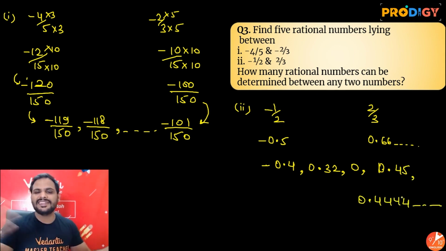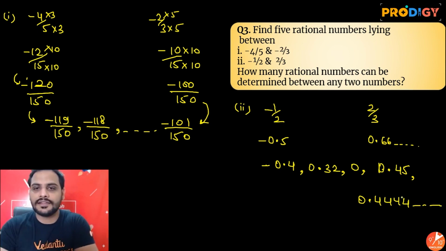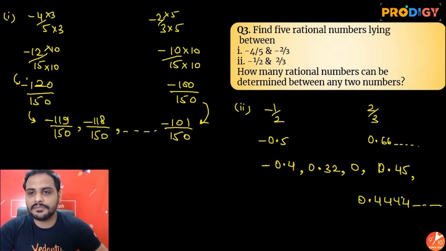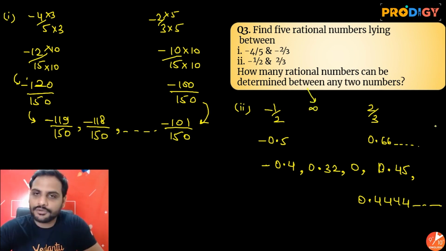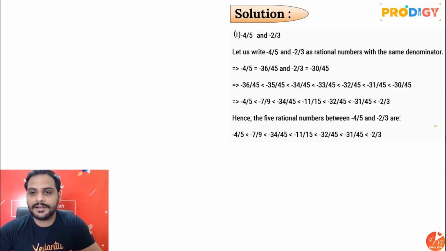Any number you can write between these two. Next, how many rational numbers can be determined between any two numbers? Yes, we know the answer for this. Infinite rational numbers. Between any two numbers there lie infinite rational numbers as well as infinite irrational numbers. Okay children.